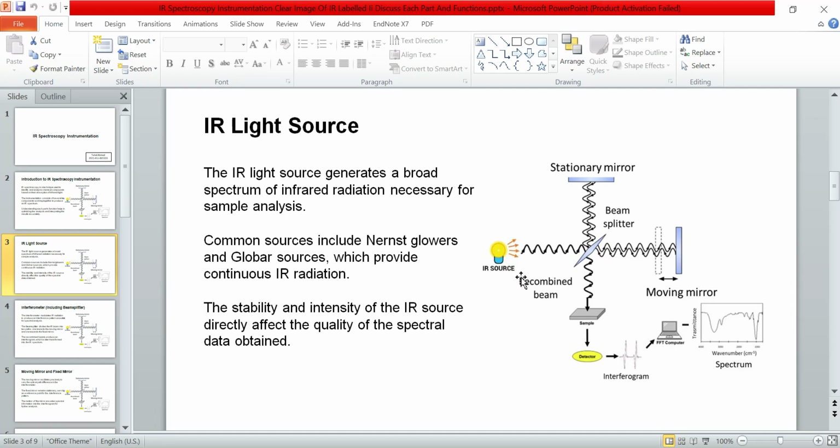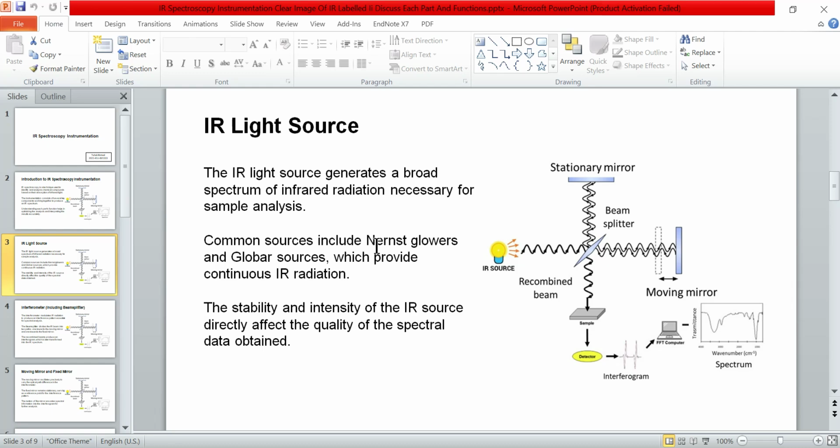This is the IR source. The IR light source generates a broad spectrum of infrared radiation necessary for sample analysis. For sample analysis, the light source is very important. The electromagnetic radiation is very important to detect the functional group of a compound in IR.